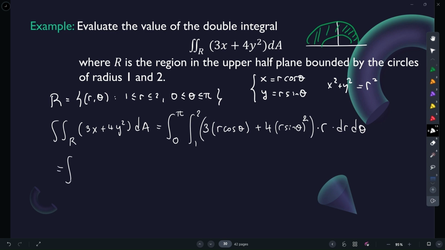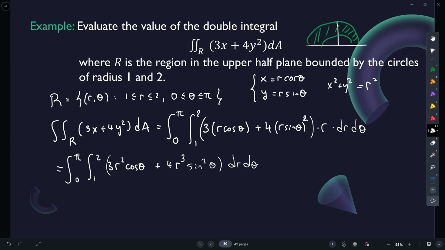If I simplify this, I get the integral from 0 to pi, the integral from 1 to 2. Multiplying through by r, I get 3r squared cosine theta plus 4r squared times another r, which is r cubed. So I square first and then multiply by another r. I get r cubed sine squared of theta dr d theta.